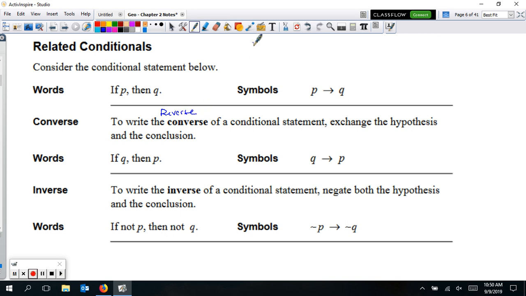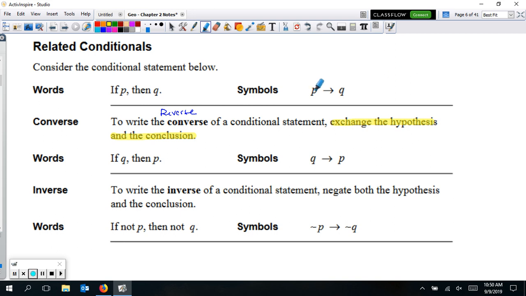Really is the reverse of the if and the then. It's the reverse of the hypothesis and the conclusion. And so the definition here says the converse, basically, of a conditional exchanges the hypothesis and conclusion. And you might want to write down that it switches the hypothesis and the conclusion.